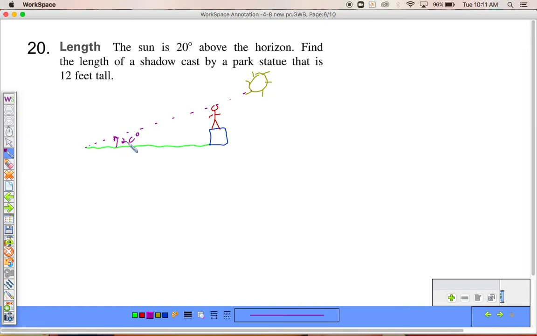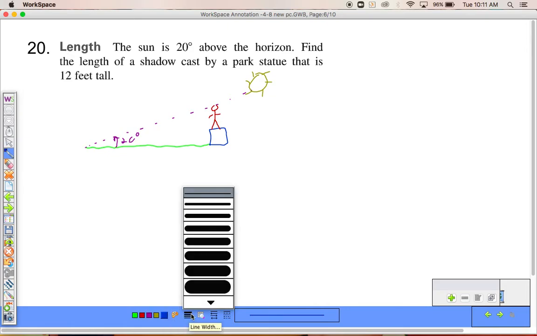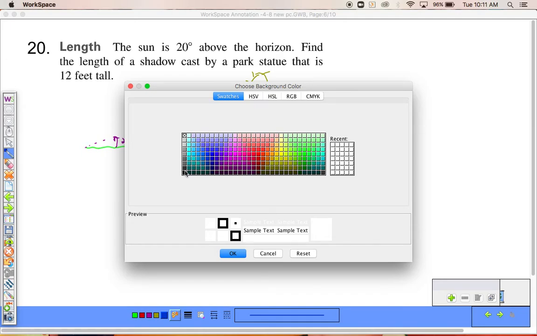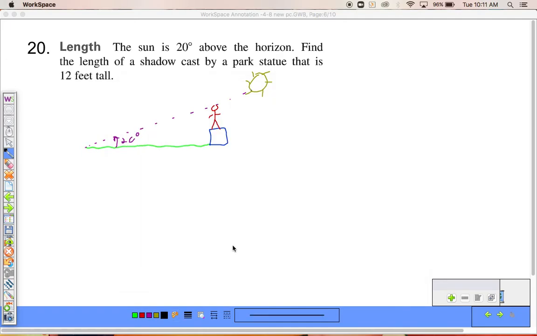Okay, so we got a shadow. If the sun's here, here's the shadow of my statue. My statue is 12 feet tall. Find the length of the shadow.